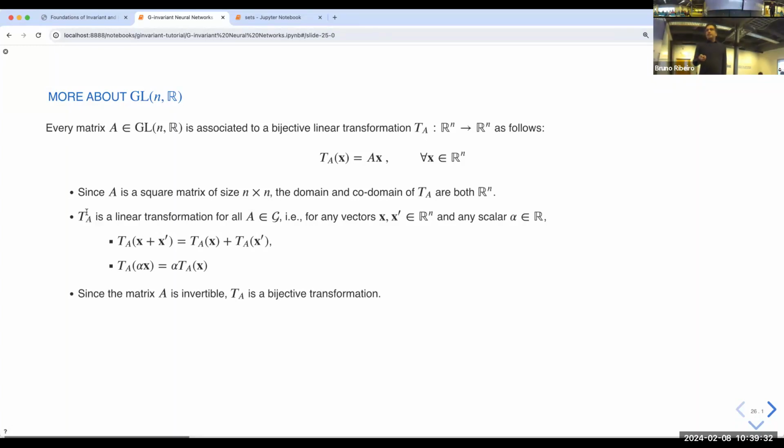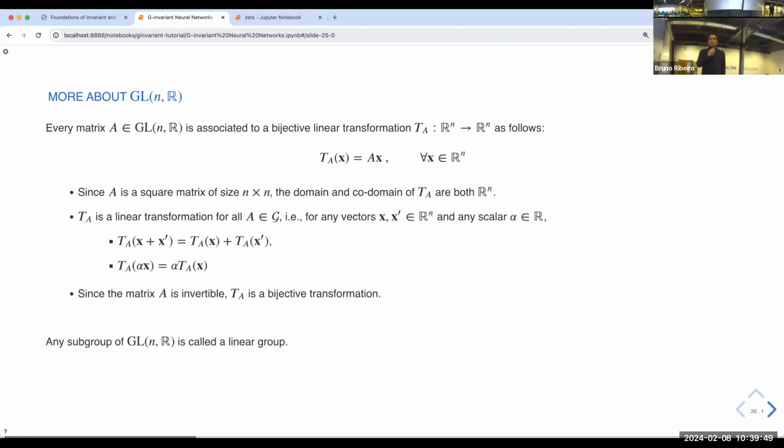And it's a linear transformation, which, as we said before, has to satisfy these two requirements here. Since A is invertible, this transformation is bijective.